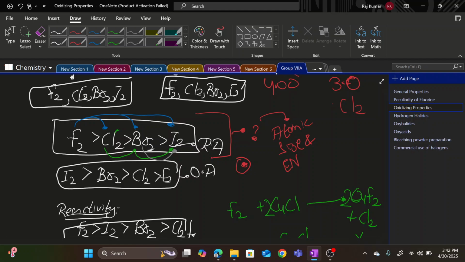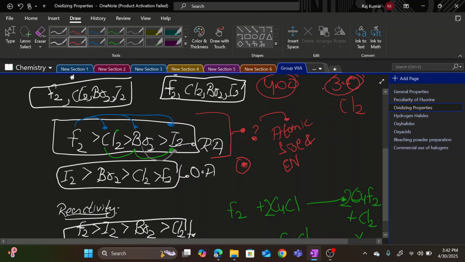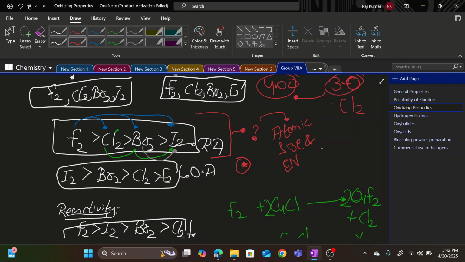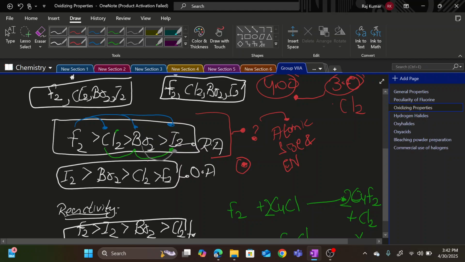So it's a huge difference, right? It cannot attract the electron pair from someone who already has a lot of power to hold it, and so cannot displace fluorine. Same goes with bromine, same goes with iodine as well.